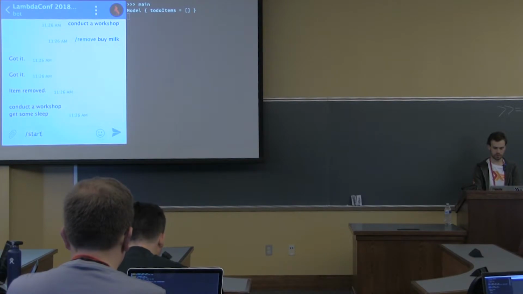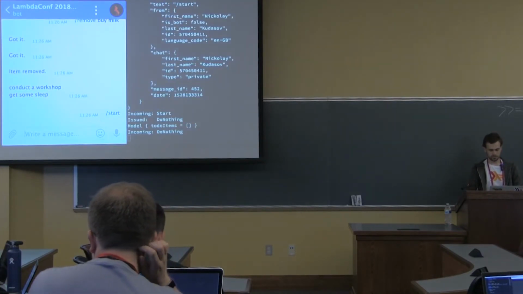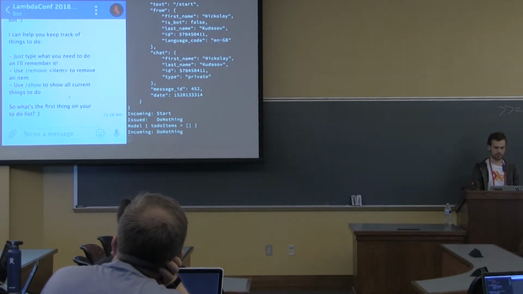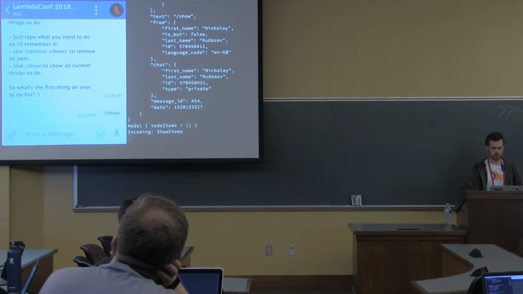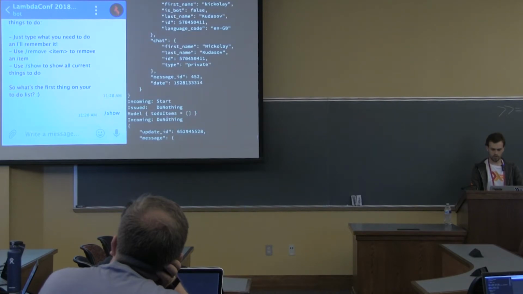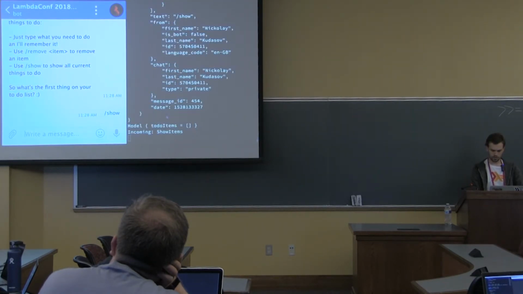Okay, so now if we do start, it does display this text, this helpful text, and it showcases the example commands that we can use. Like we can use show, and these commands are clickable. And of course, we don't have anything to show. I think it didn't work yet.